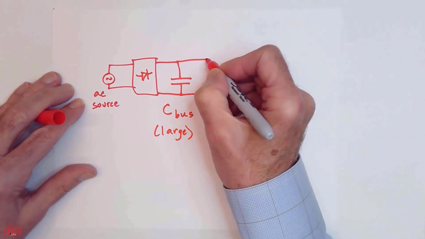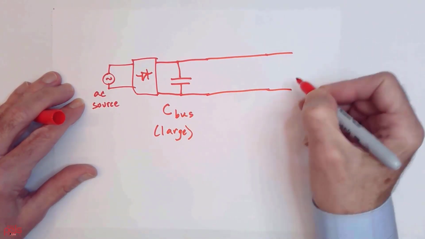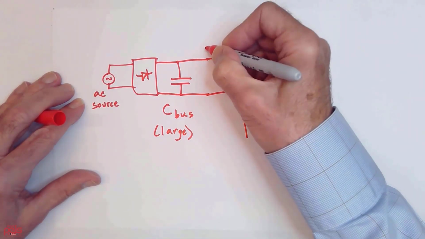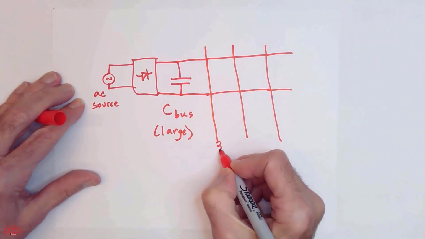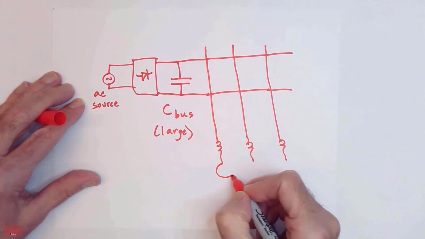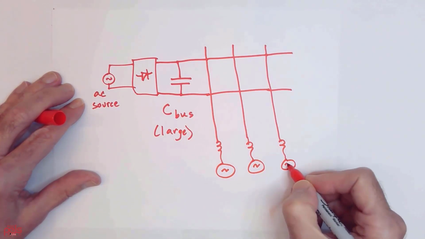And then my hex bridge from here, and I don't want to be lazy here. Let me go ahead and draw it. Right, with inductive connection or filtering out here to a set of AC voltages.